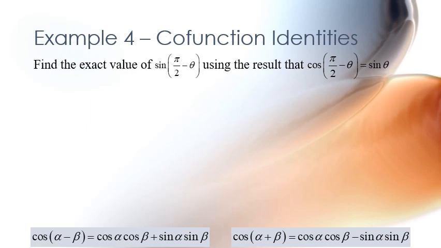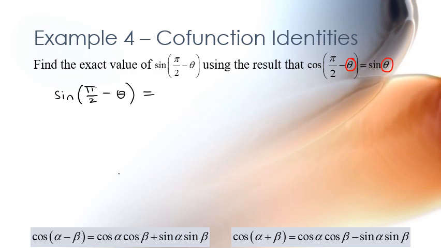So how can we use that to find out what the sine of pi over 2 minus theta is? Well, let's see here. What I know is that whatever is in this position for sine of theta is also going to be in this position for the cosine of pi over 2 minus theta.